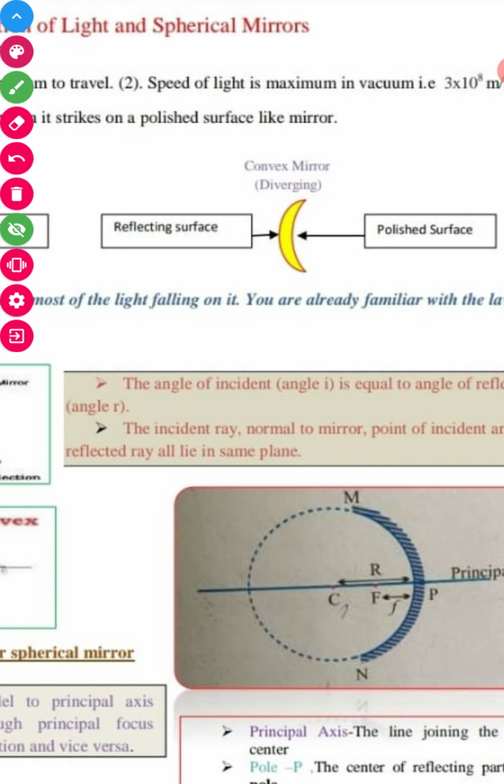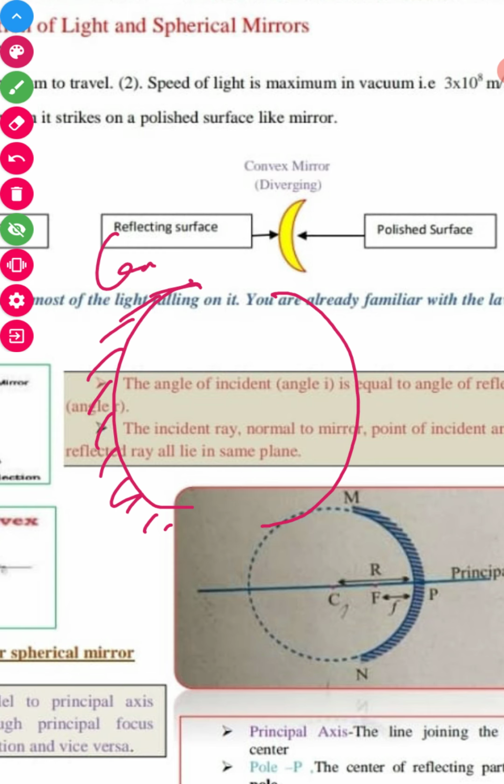If I take polished surface, means if I take convex mirror here and concave mirror here, so this is the way.